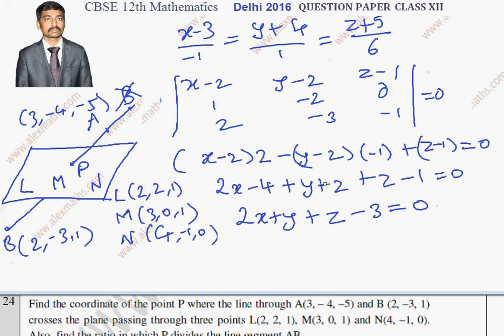And this term is minus 2 only, so this number is not minus 3. When I multiply, this will become plus. So y minus 2 is remaining. Then minus 4 minus 2 minus 1 is minus 7. So this is the equation of the plane we got.